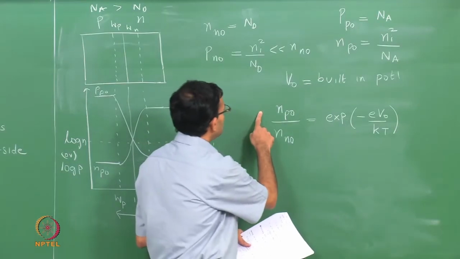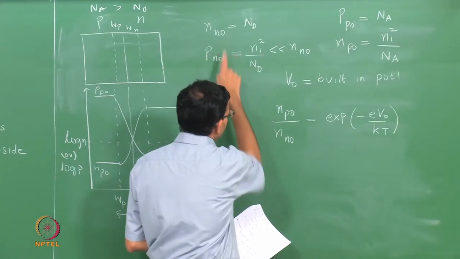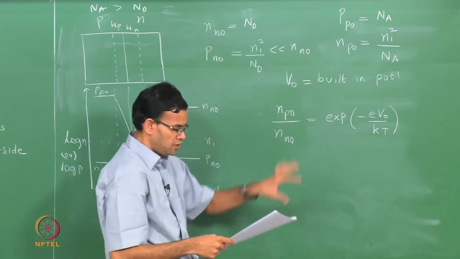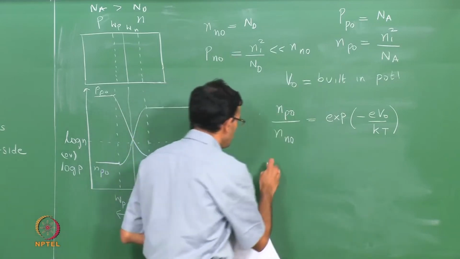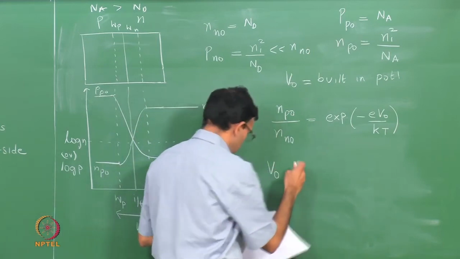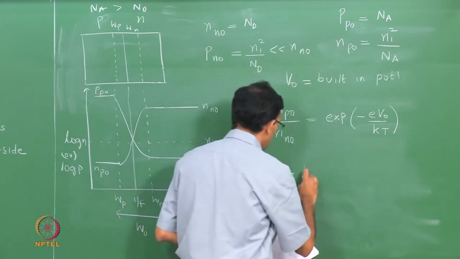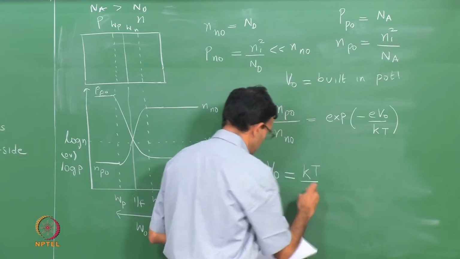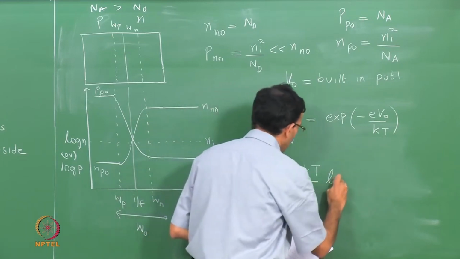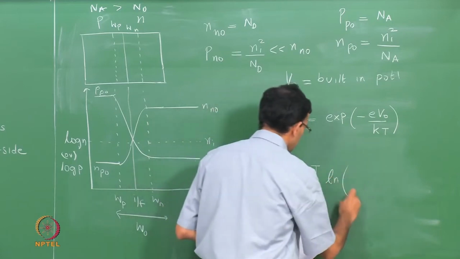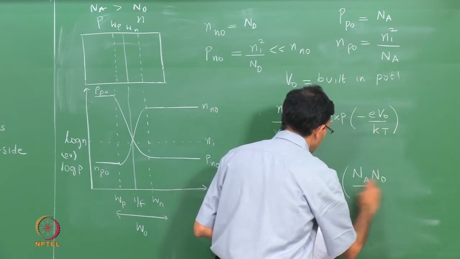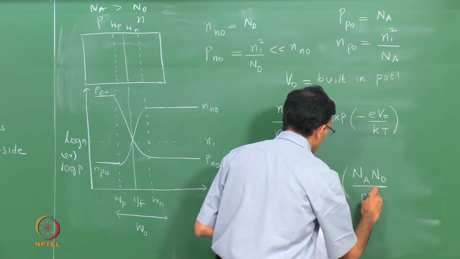We can substitute these values for Np0 and Nn0 and rearrange this expression to give you your contact potential. V0 is nothing but kT over e ln of Na Nd over Ni square.